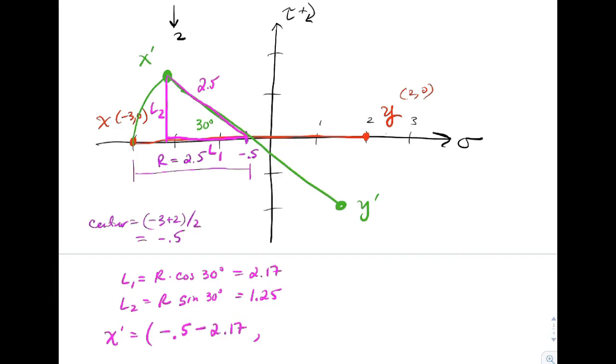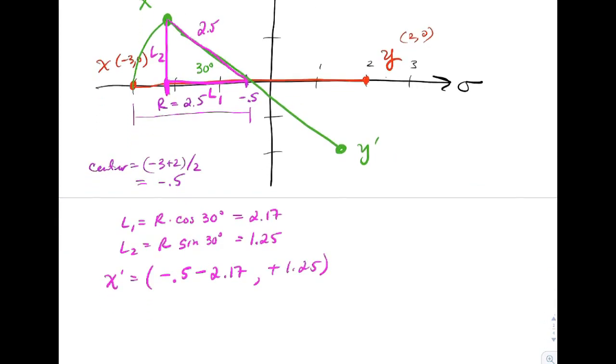And that'll get us all the way to that point right there. And we're going to go up 1.25. So let's see what that turns out to be then. -2.67 comma plus 1.25. So we've done the same thing over here with Y prime.